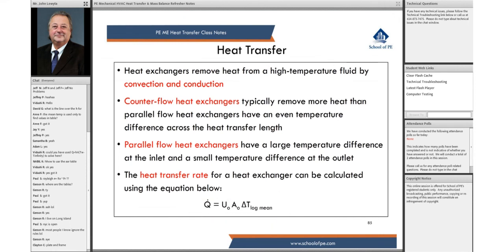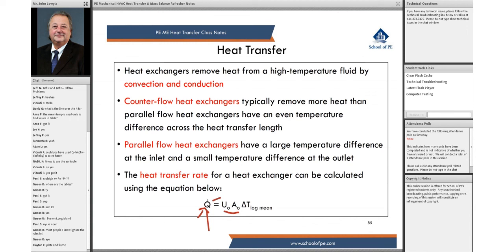Once you get that, that's where this Q is. The cold fluid is picking up the heat from the hot fluid, and you can calculate that Q dot from either working fluid. Typically, you're going to be calculating area; they want to know what's the total length of pipe you have to put in there.